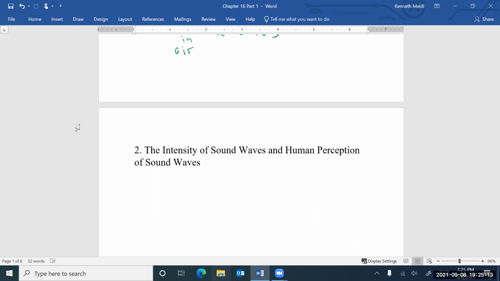Everybody's ear is different. Physiology from one person to the other is slightly different. But we've come up with a couple of numbers here that start describing, at least, probably the average human being when it comes to this idea of intensity. Intensity, we'll use the letter I for that.